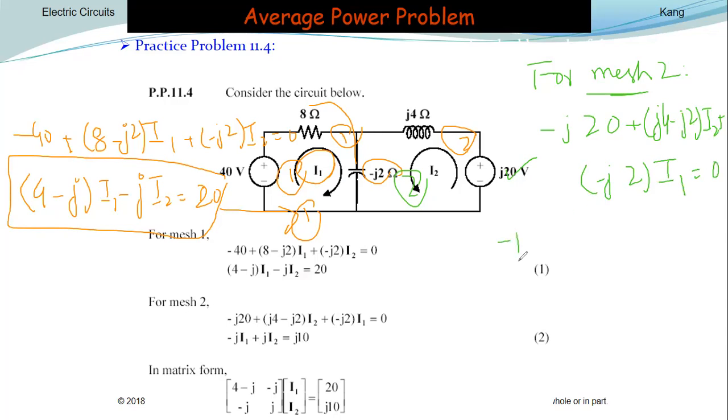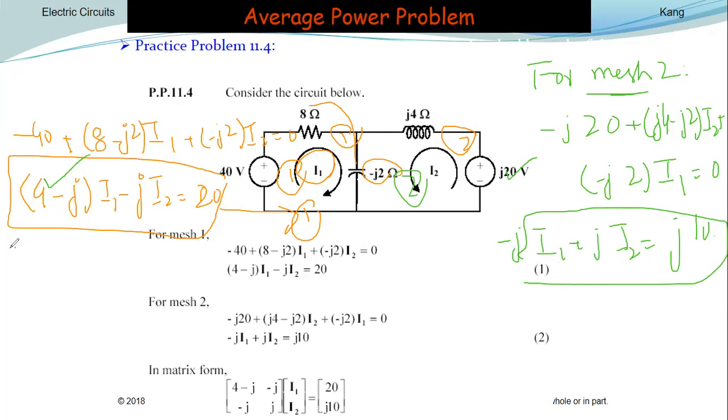So it will be negative I1 plus j I2 equals j10. Again, I will elaborate it. This is the first equation and this is the second. I have to make a matrix. So for the first, it will be 4 minus j.